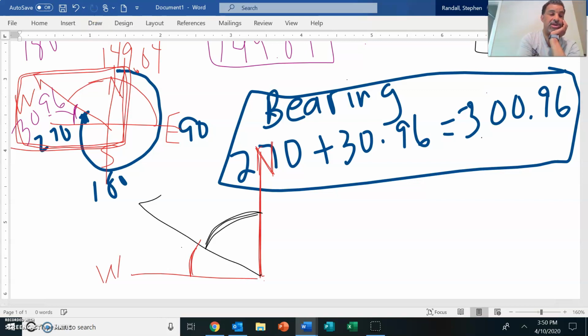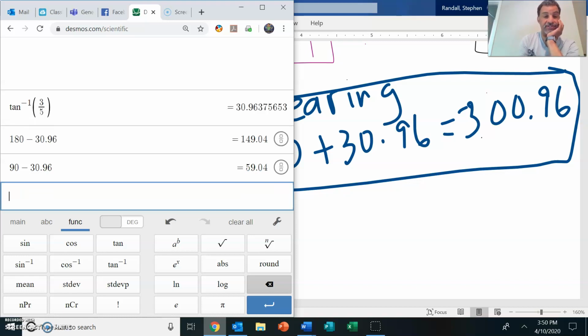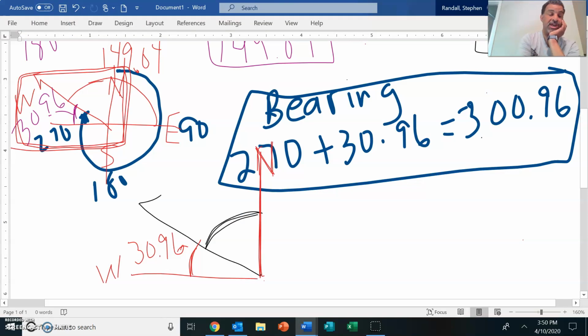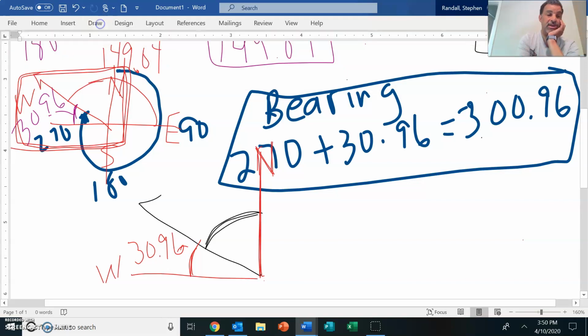This angle is 30.96. And the total angle is 90 degrees. So to get the other angle, we would go to our calculator and do 90 minus 30.96. And that gives us 59.04. So this angle here is 59.04.